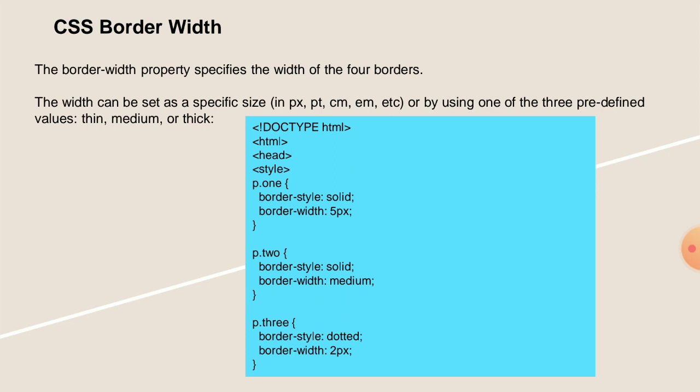Here is an example. We start the HTML header section, style p.one, then the border style syntax, border-style: solid, and the width size in px, that means pixel size, is 5px.